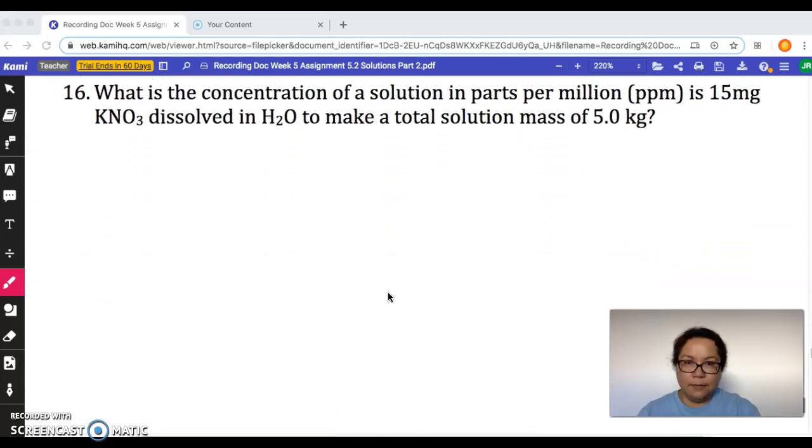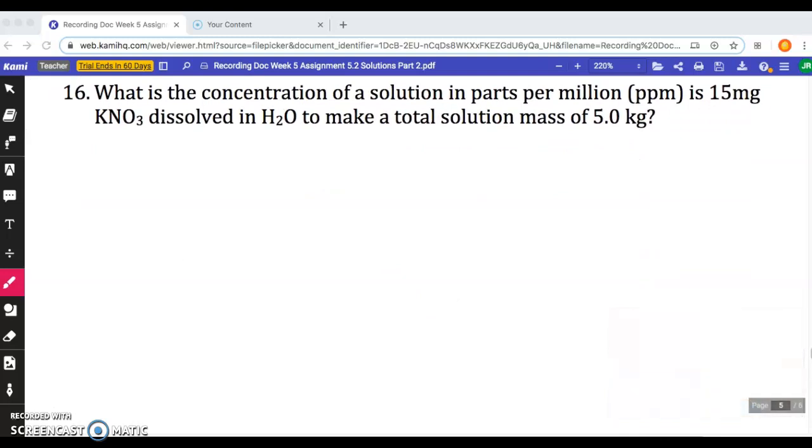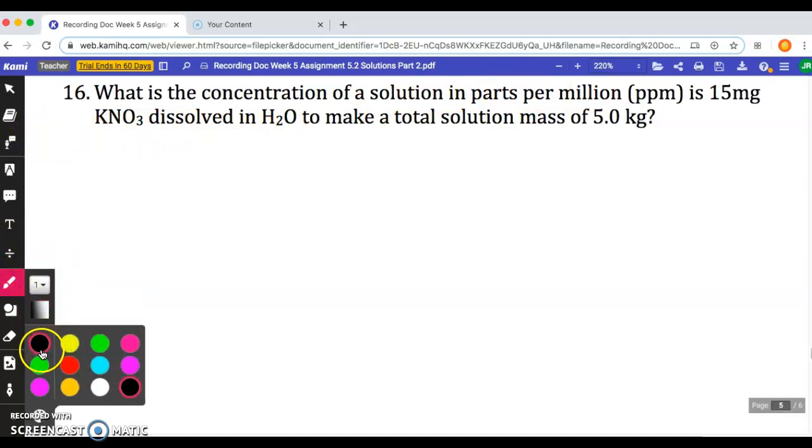Here we are. Let me make myself disappear again. Okay, so for this one, as always, we will do the known and the unknown. We will try to deconstruct this word problem.